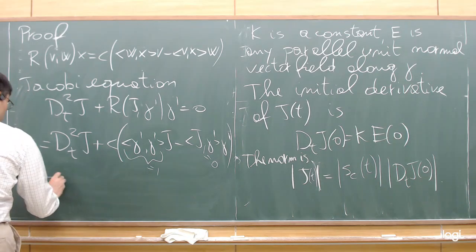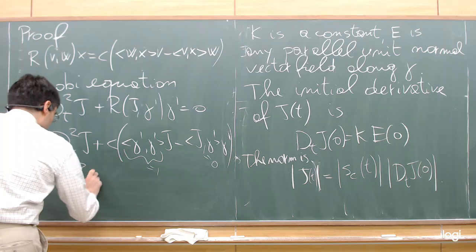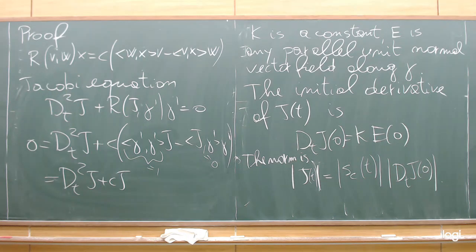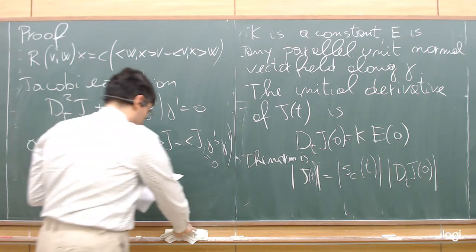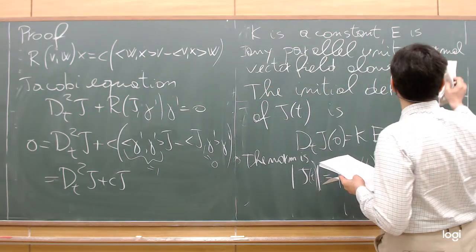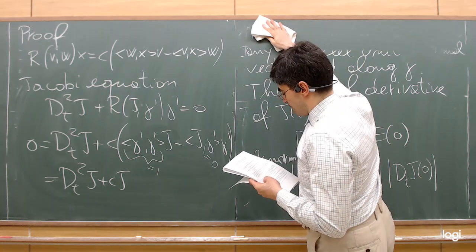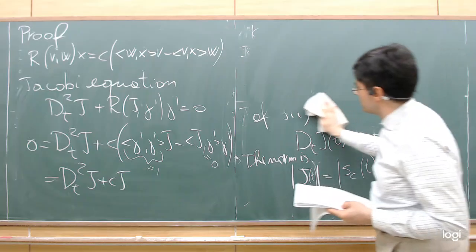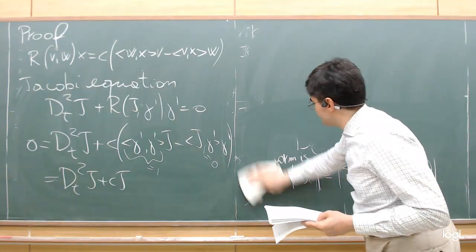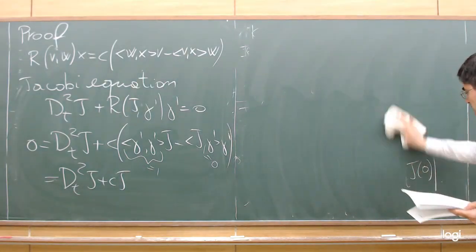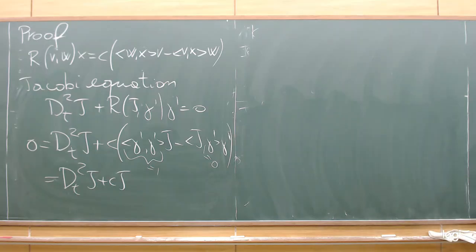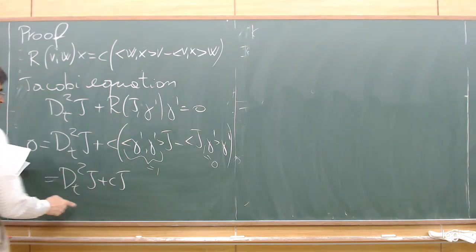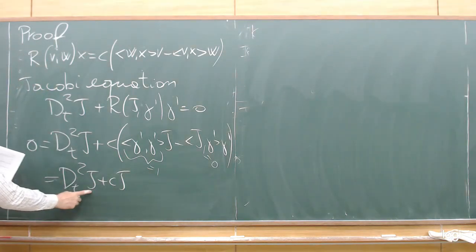So this becomes D_t squared J plus CJ. So this formula says that the second covariant derivative of J is parallel to J.